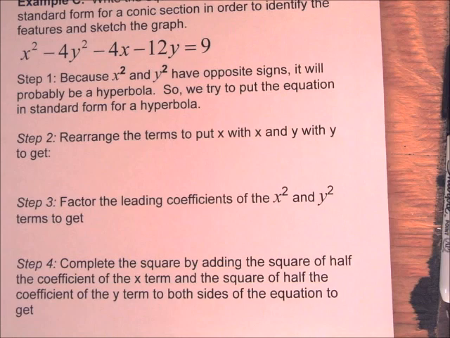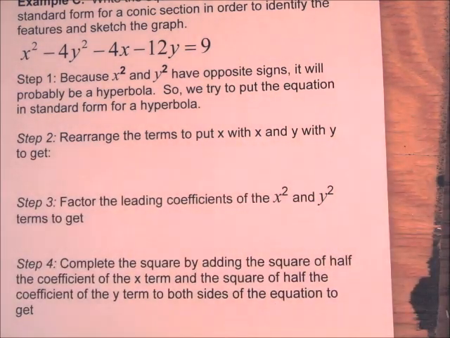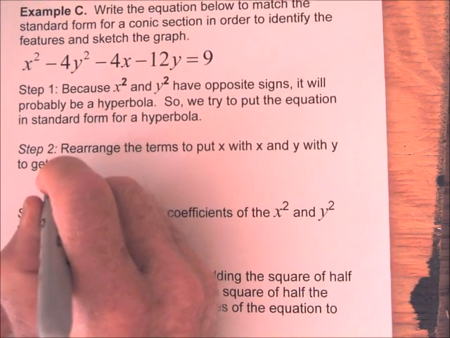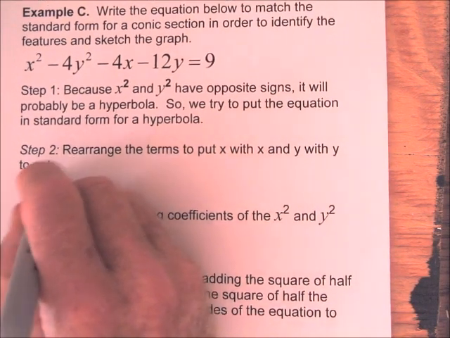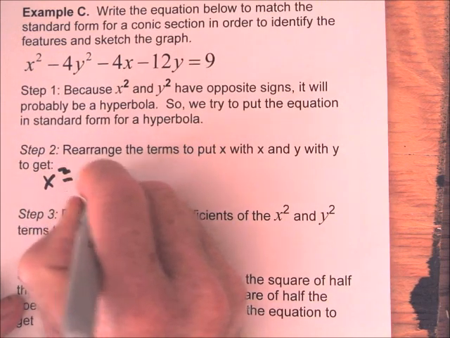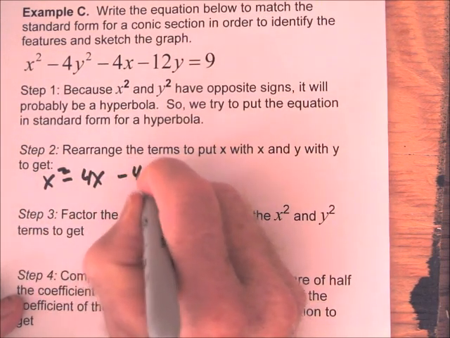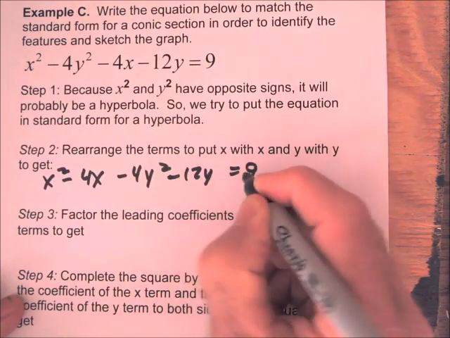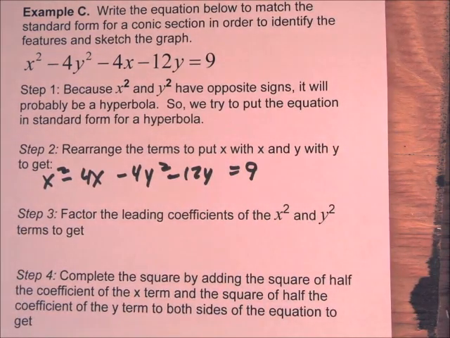So again, we want to put x with x and y with y. So I'll rewrite this as x squared minus 4x minus 4y squared minus 12y equals 9. You have to be careful with the signs. Sometimes it's easy to make a mistake with the signs here.